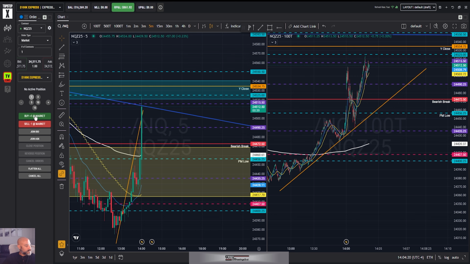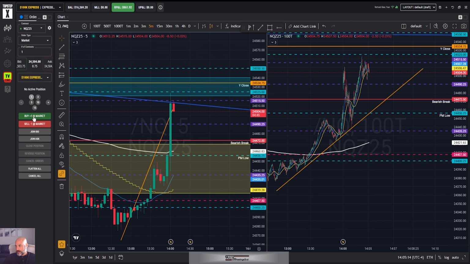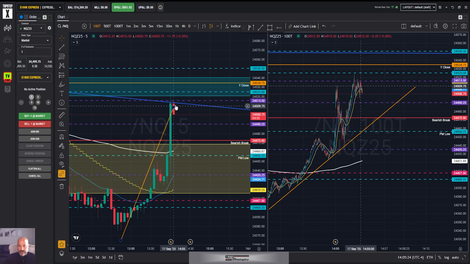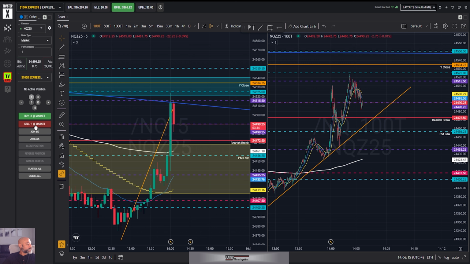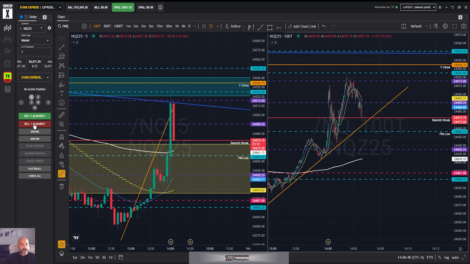Tesla, Alphabet, Nvidia, Palantir popped up. We can come down and bounce to the top of this bearish line right here. Just be patient. Oh man, I wanted to short it. I almost shorted it. Let's wait for a bounce up real quick. It could already been priced in.